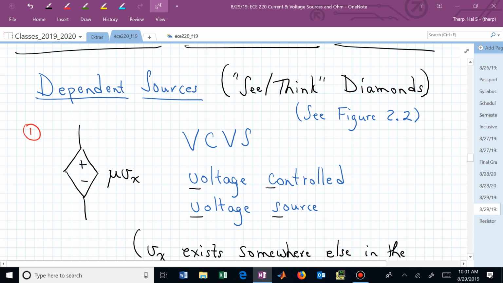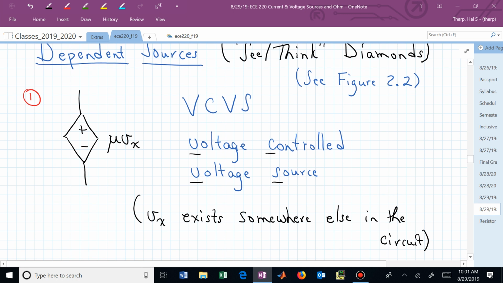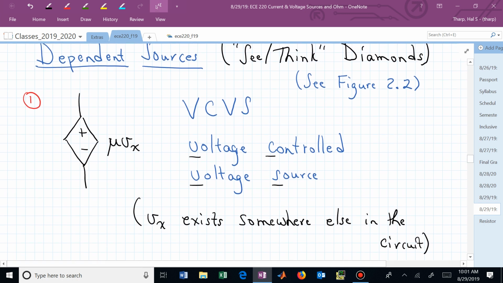V sub x is some variable that exists somewhere else in our circuit. And it's now controlling the voltage across this particular element, scaled by this scaling factor mu.